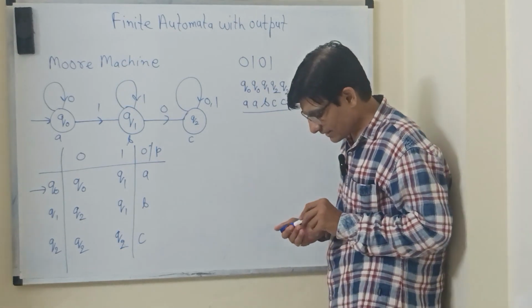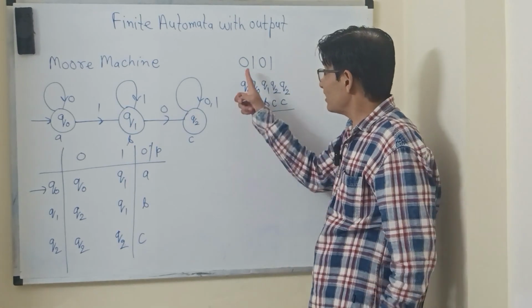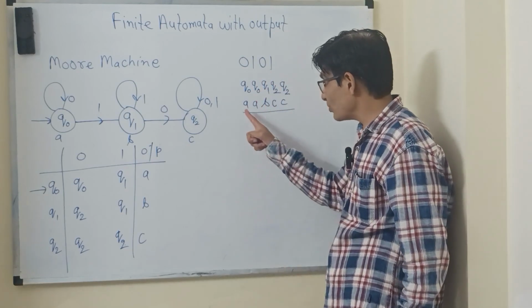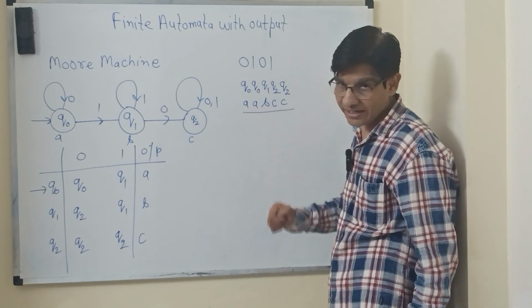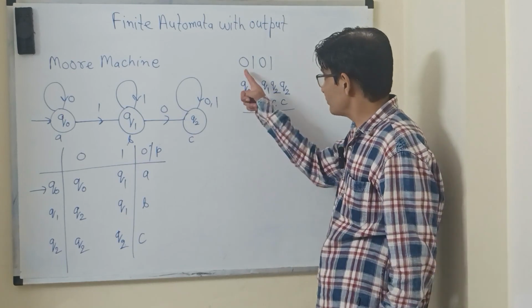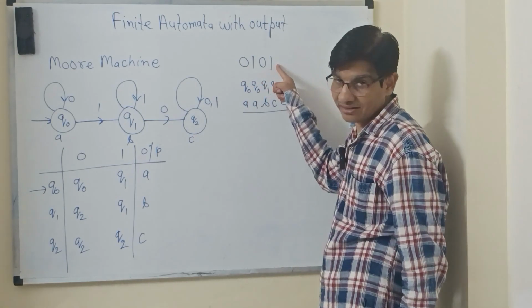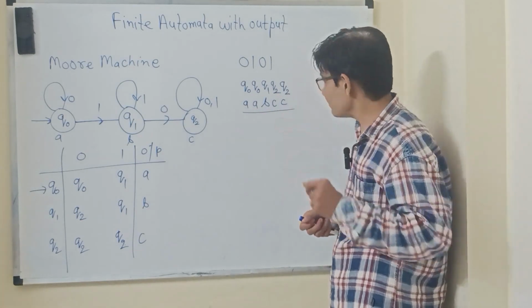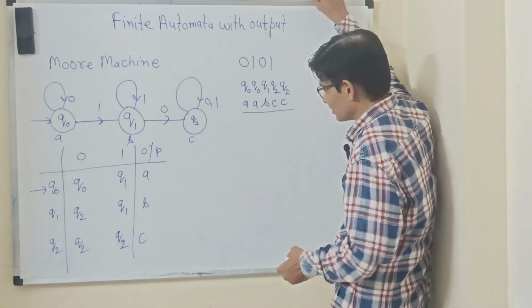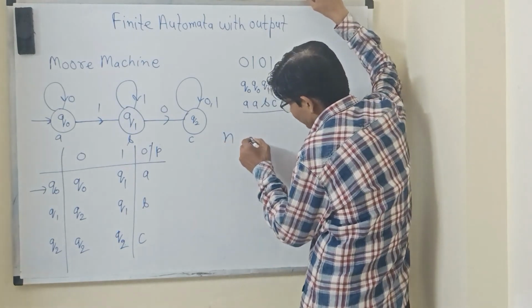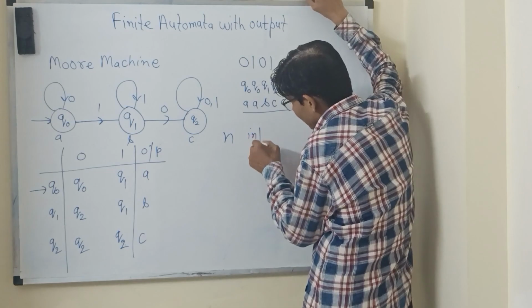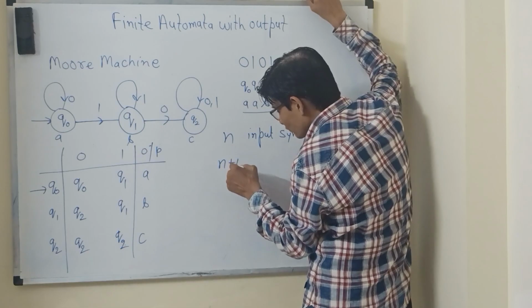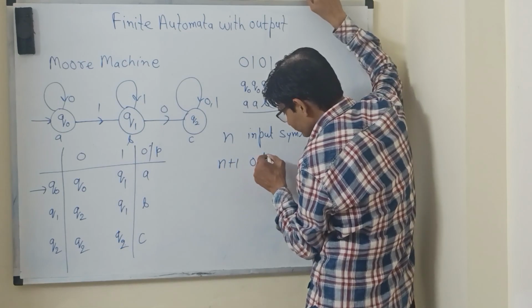Now you can notice one thing, friends. The number of symbols in the input is 4, but the number of output symbols is 5. Similarly, if you increase one more input symbol, the output also increases by one symbol. So for n input symbols, a Moore machine generates n plus 1 output symbols.